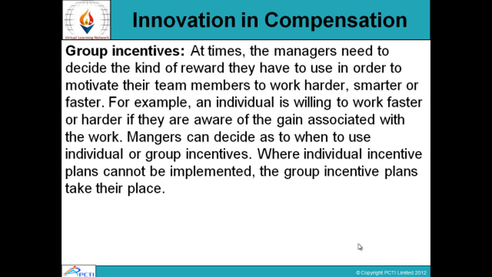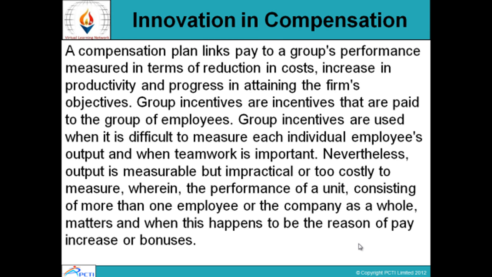Where individual incentive plans cannot be implemented, group incentive plans take their place. A compensation plan links pay to group performance, measured in terms of reduction in cost, increase in productivity, and progress in attaining the firm's objective.